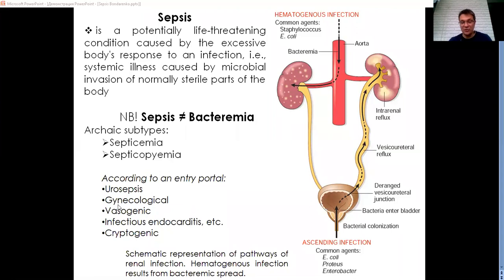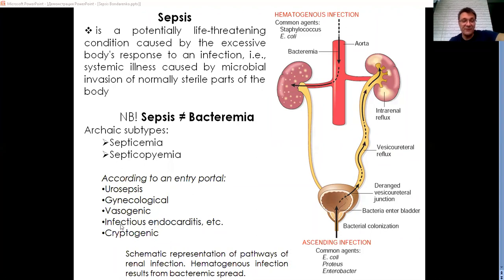The same principle applies to gynecological sepsis. Vasogenic sepsis is basically associated with injections, for example in drug users. Infectious endocarditis is also associated with vasogenic spreading of the microbes.